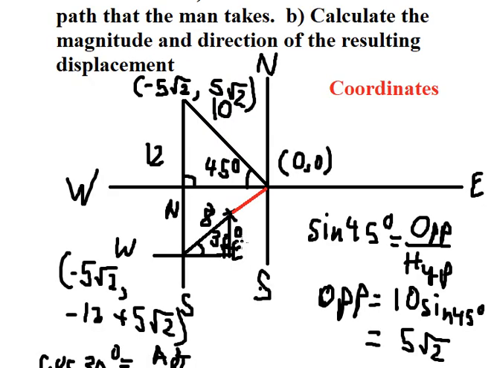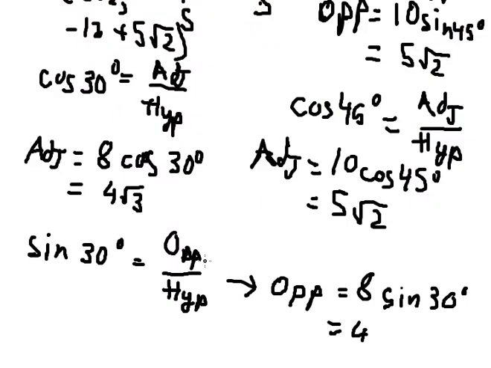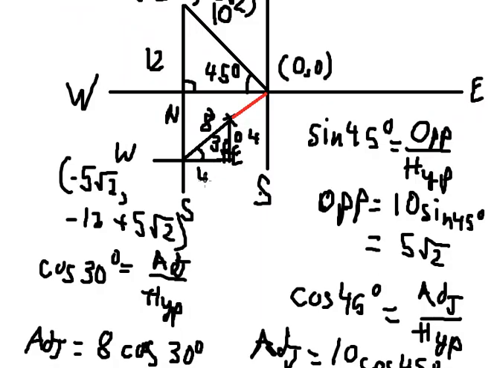So that means we have 4 in here, and this one we have 4 square root of 3. So from this point here, they will go up 4 units and they will go to the right 4 square root of 3.